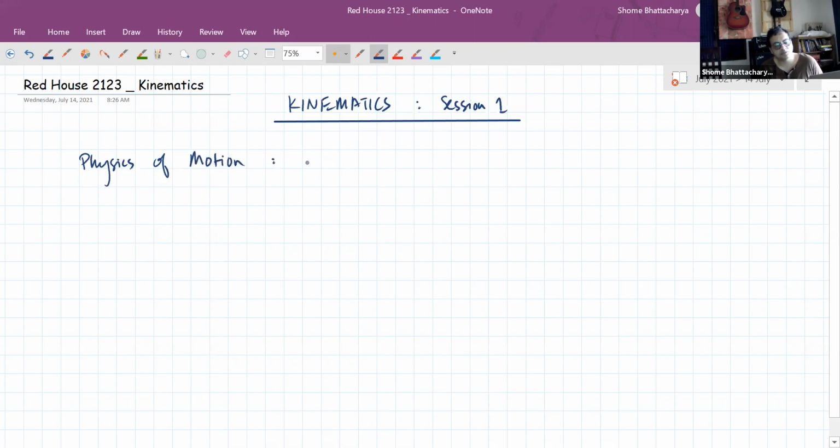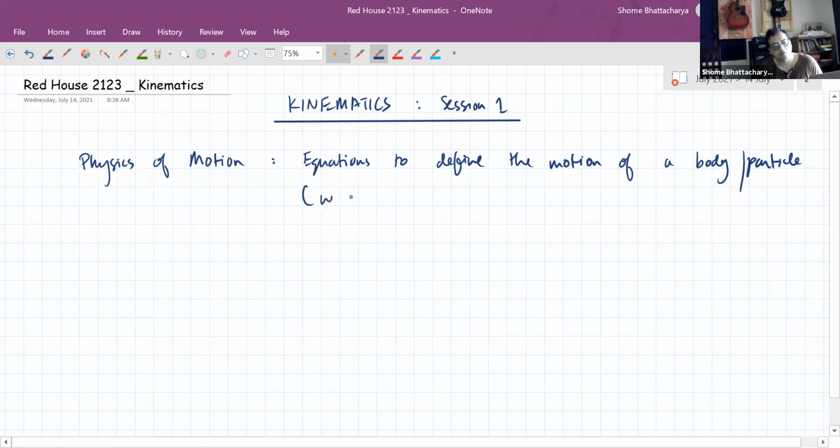So what we do here is we study equations to define the motion of a body or a particle or whatever, without describing the cause of motion.